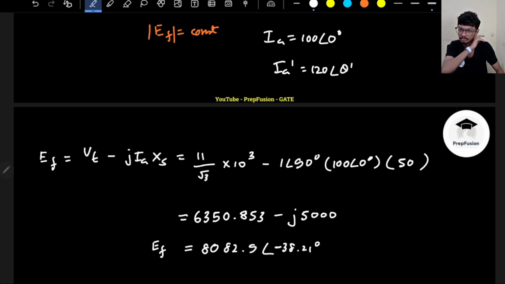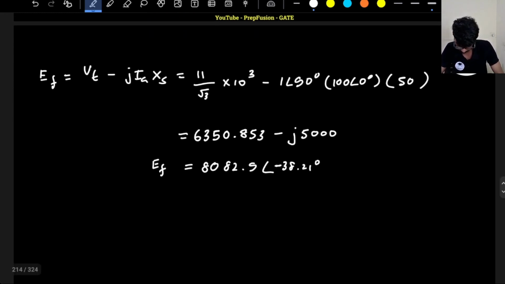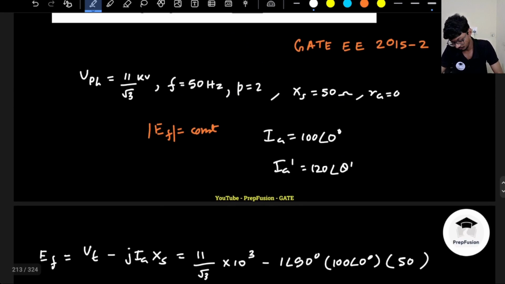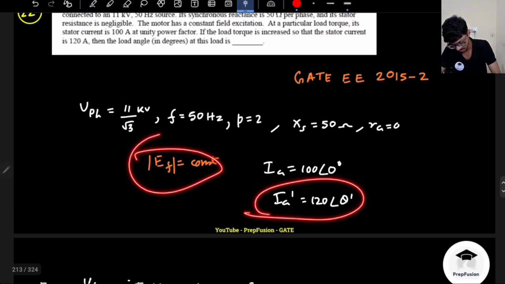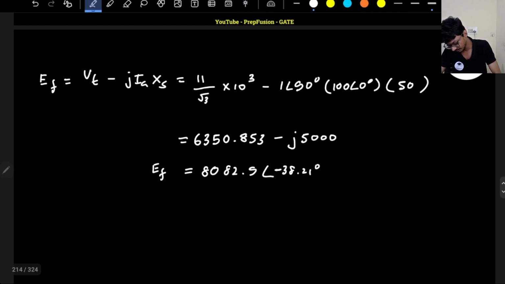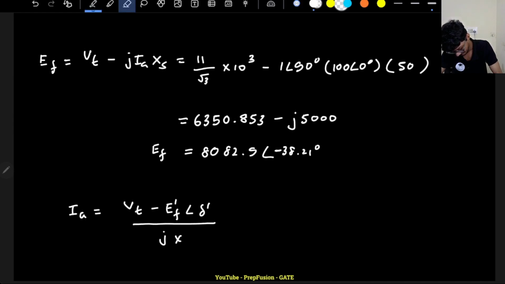But they are not asking for the initial torque angle. They are asking for the final torque angle. So the magnitude of excitation will be the same, the current has changed. If I put it back in the same equation, IA will be equal to VT minus EF dash angle delta dash, divided by jXS.